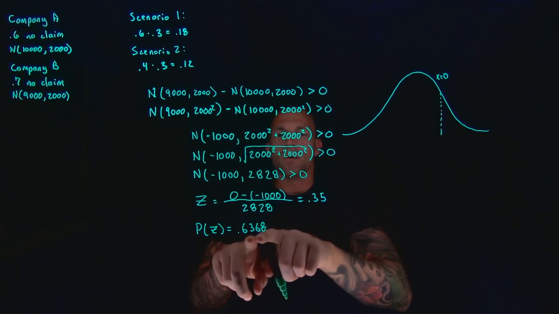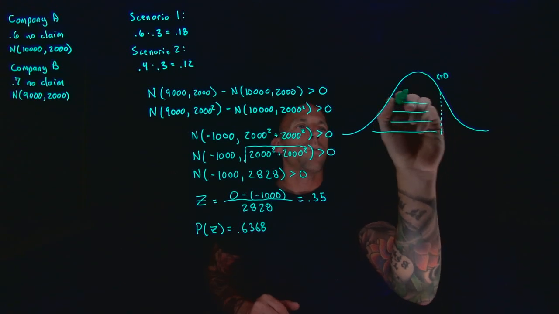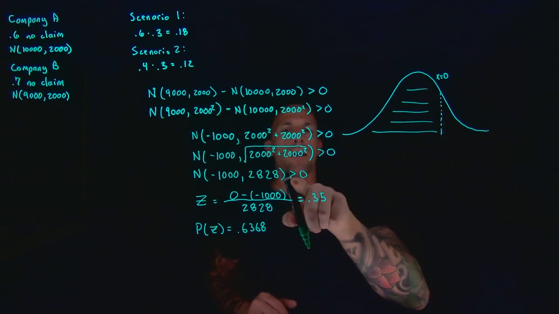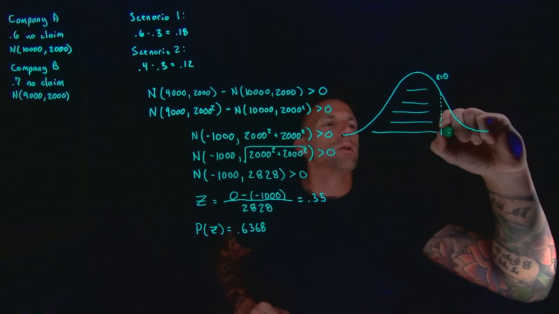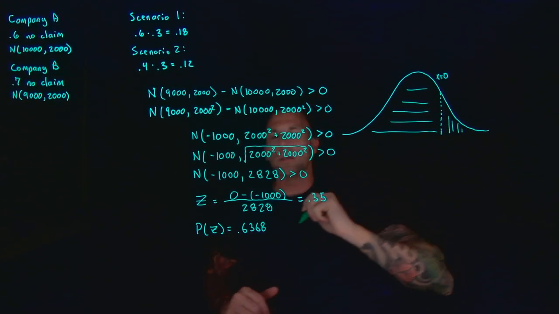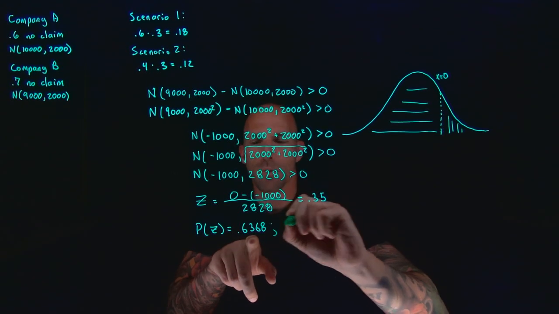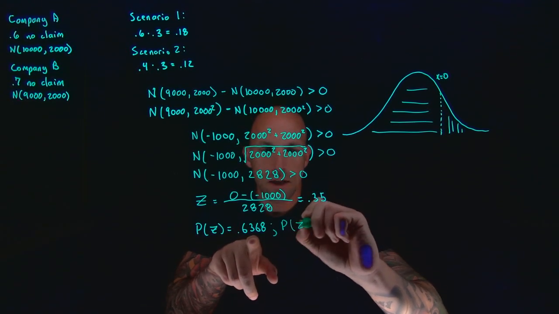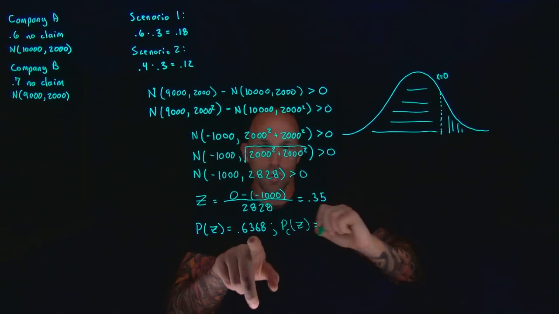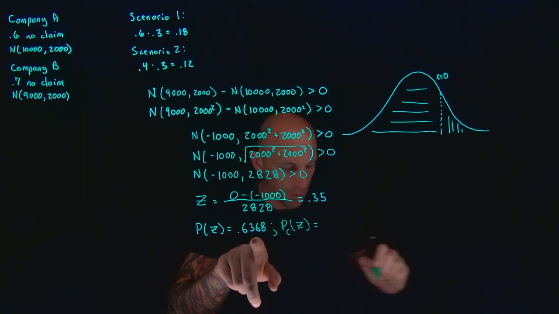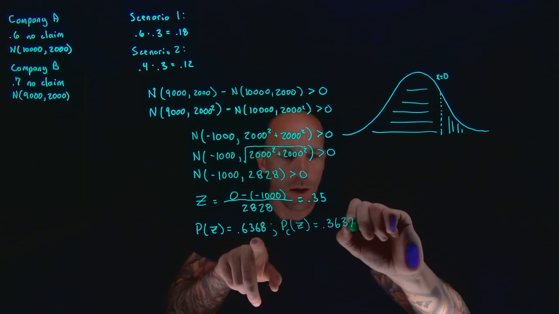So even though the z-score gives us this area here, we want this area over here instead, which is just going to be the complement of this. The complement is just 1 minus this value, or 0.3632.